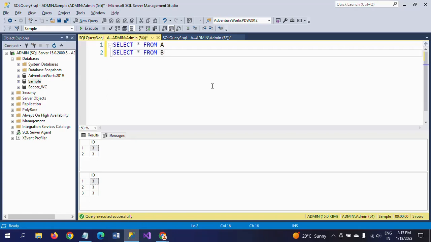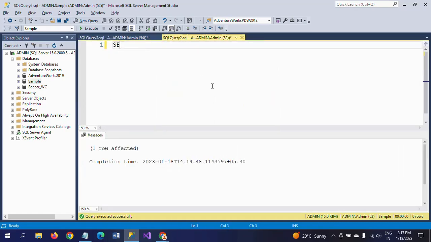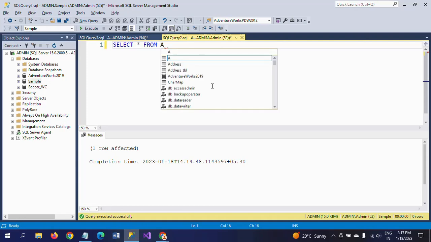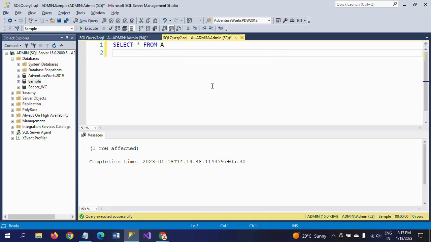Now we will apply the inner join on these two tables. First I am writing the inner join. Then the condition a dot id is equal to b dot id.